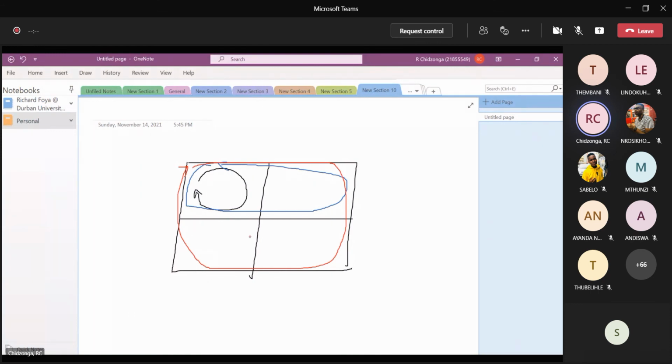You see? But what I want to mention is that this type of a loop, which does not contain any other closed path in its window, is called a mesh. So here I can draw another mesh.